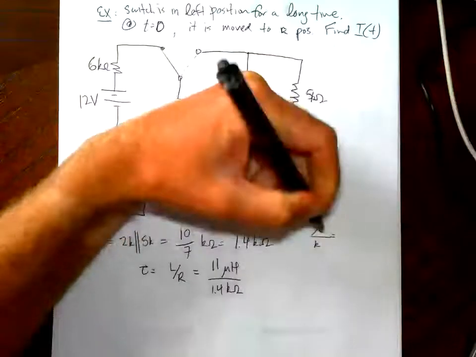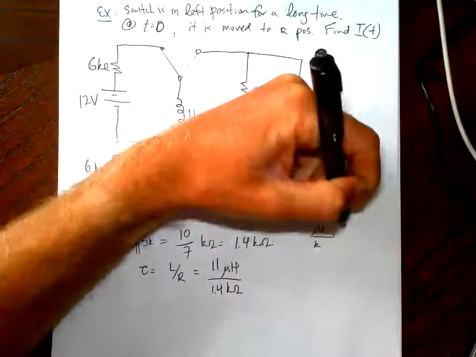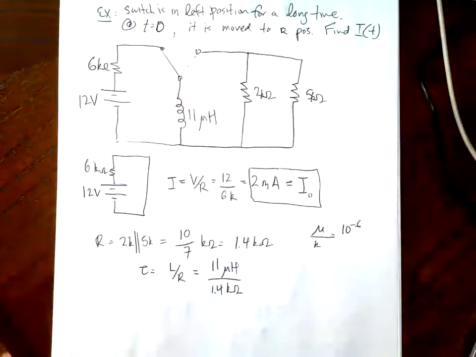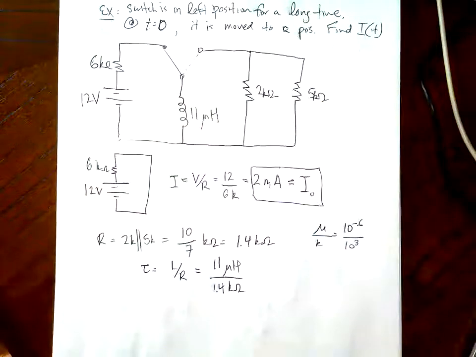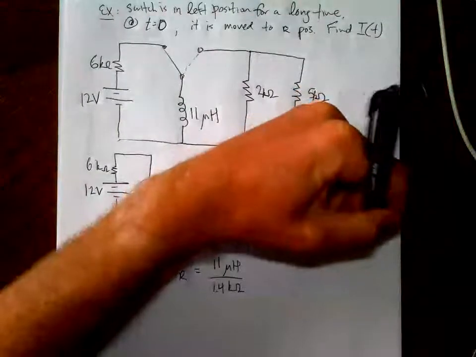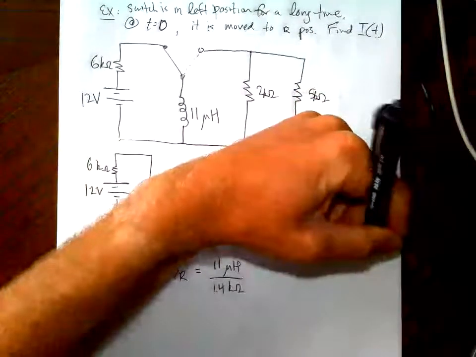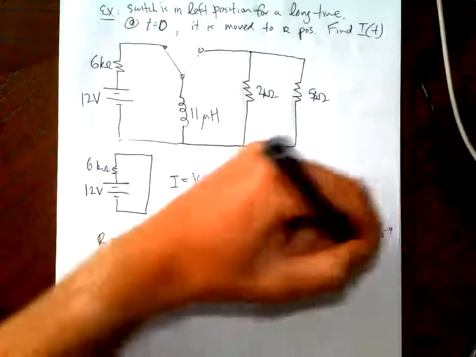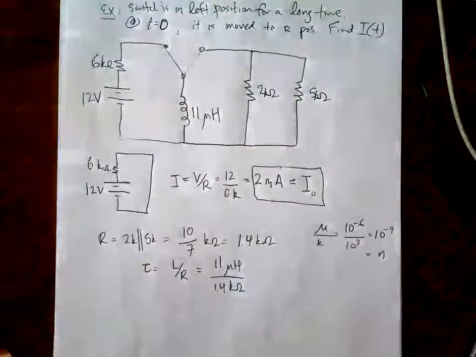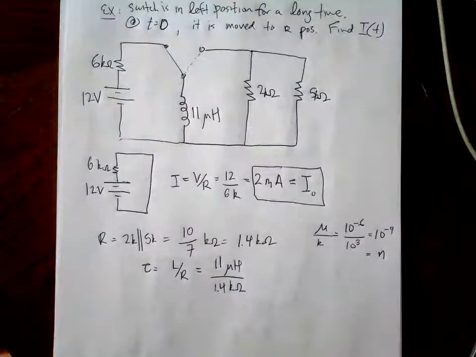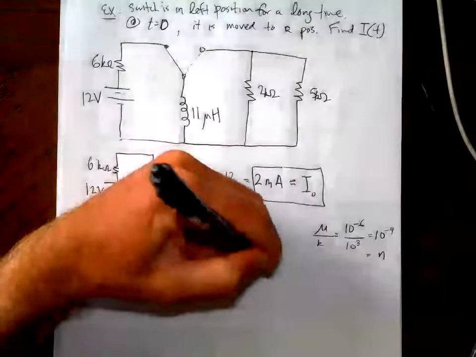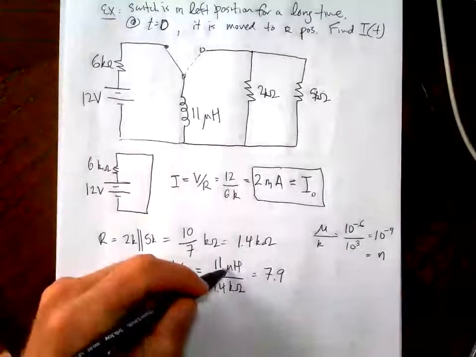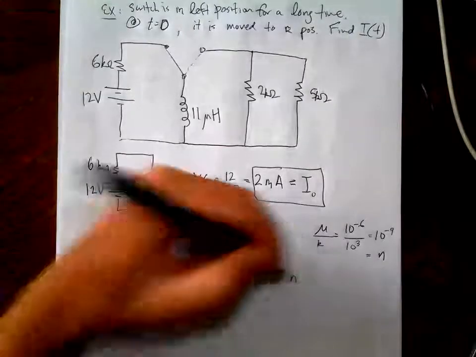A micro is 10 to the minus 6. A kilo is 10 to the third. So we have 10 to the minus 6 divided by 10 to the third, which is 10 to the minus 9, which is a nano. So 11 divided by 1.4 is 7.9. And a micro divided by a kilo is a nano, okay?